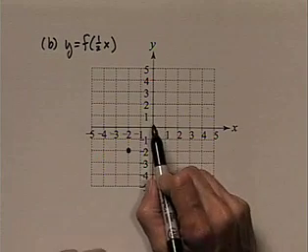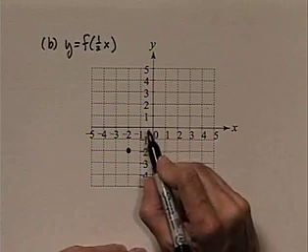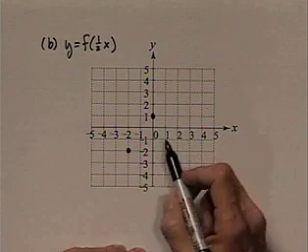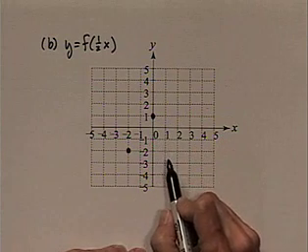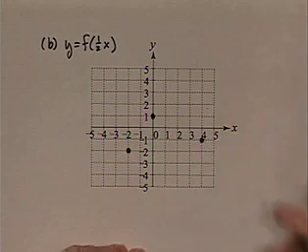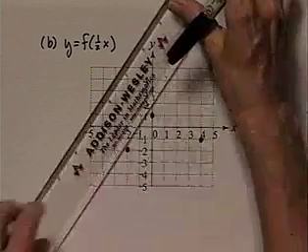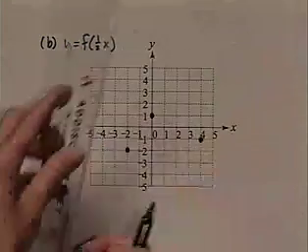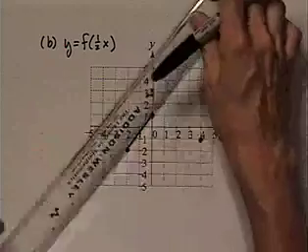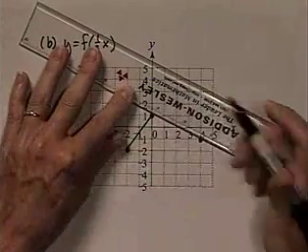Now I need to take the point that was 0, 1 and multiply the x-coordinate by 2. Well, that still gives me 0, 1. And the point that was 2, -1, if I multiply the x-coordinate by 2, I plot 4, -1. Now connecting those, let's see, I get f of x stretched horizontally by a factor of 2.